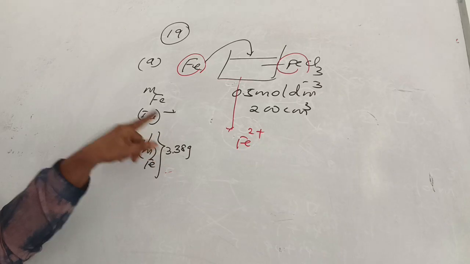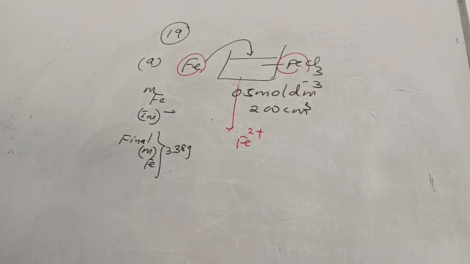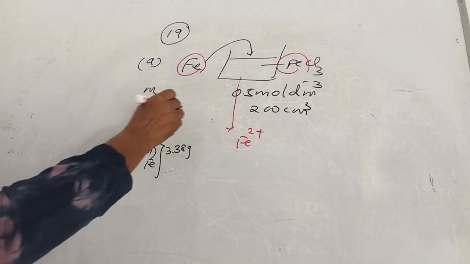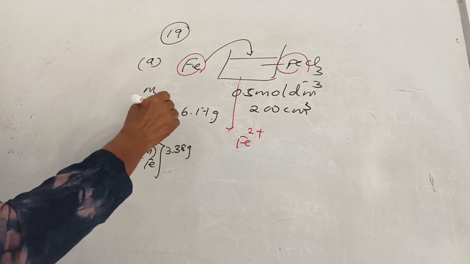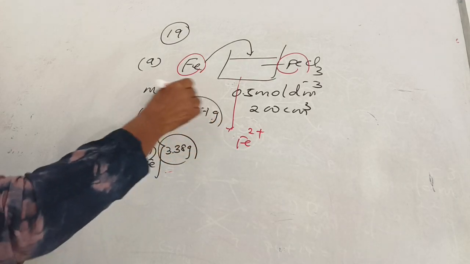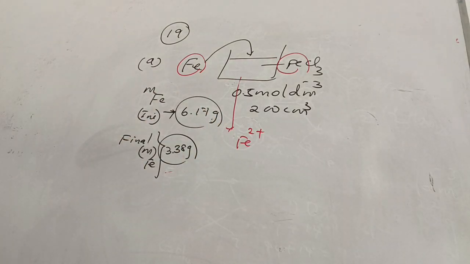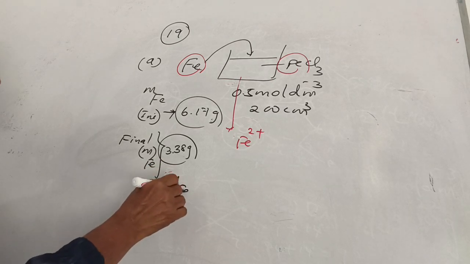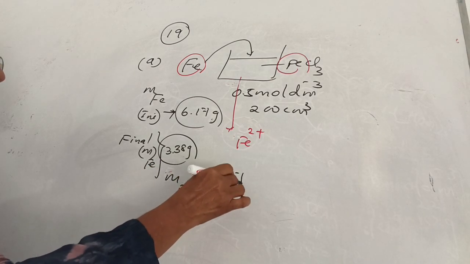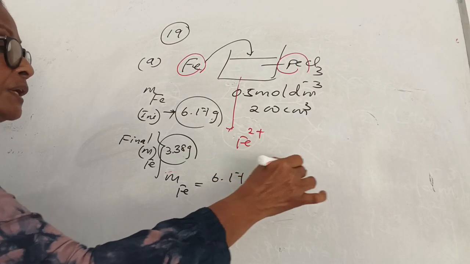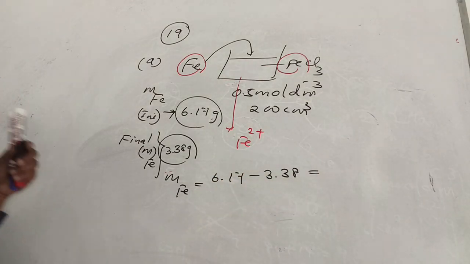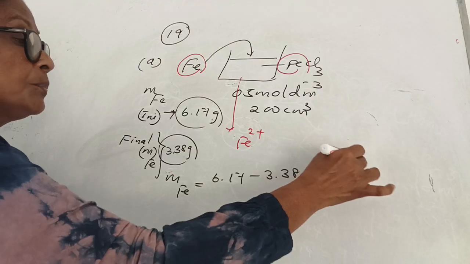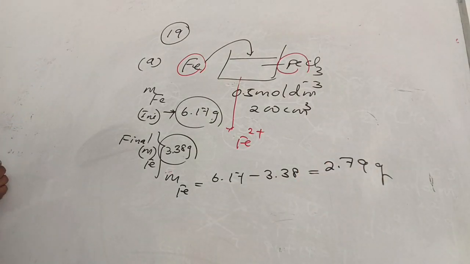At the end of the reaction, 3.38 grams remained. You are asked to find the number of moles of iron that reacted. The mass of iron that reacted is 6.17 minus 3.38, which comes to 2.79 grams.